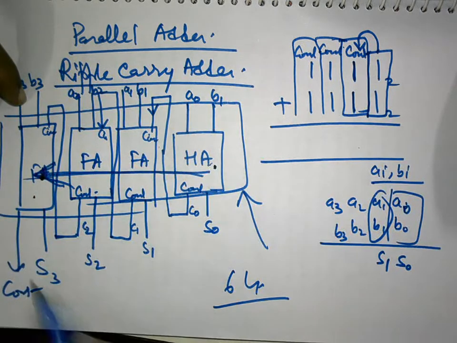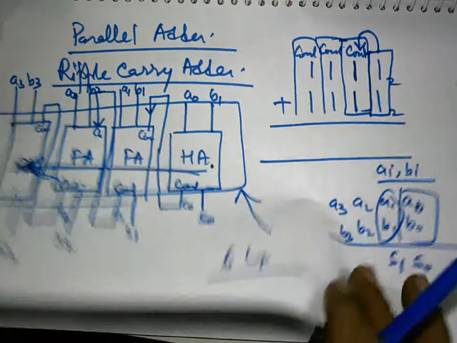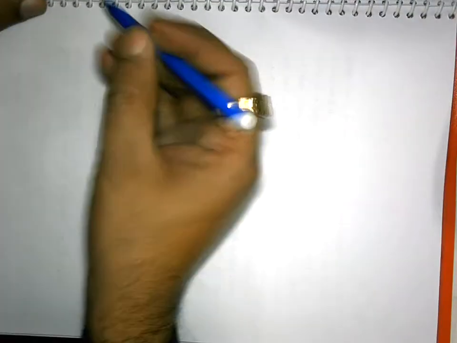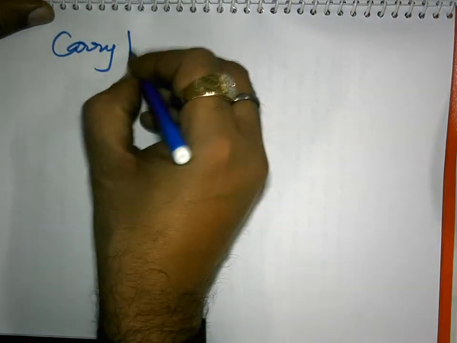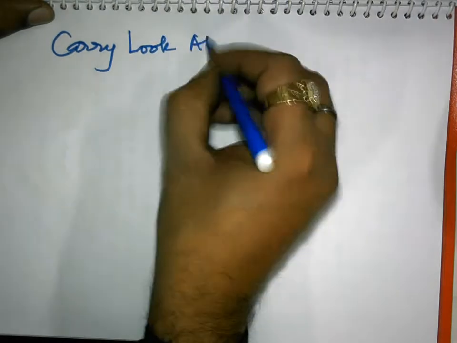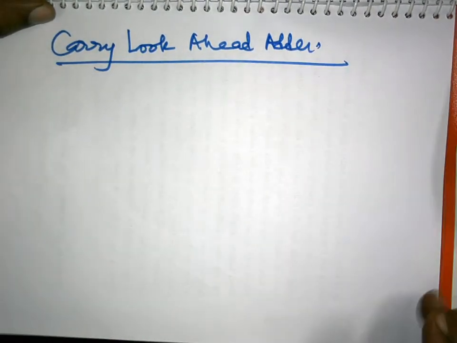So to come out of this drawback, we design the carry look ahead adder, CLA, or sometimes also called look ahead carry adder. I will recommend you to go through this today using your textbook.